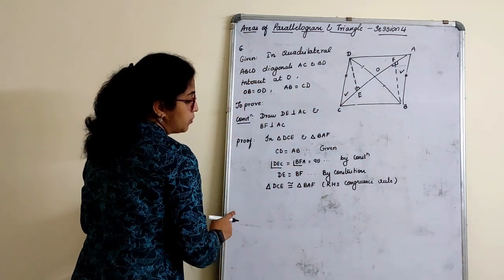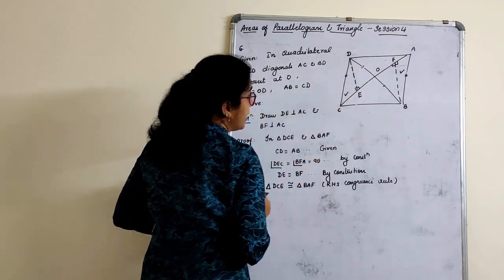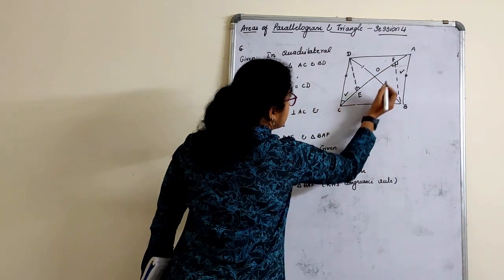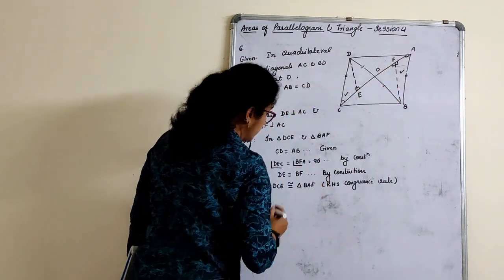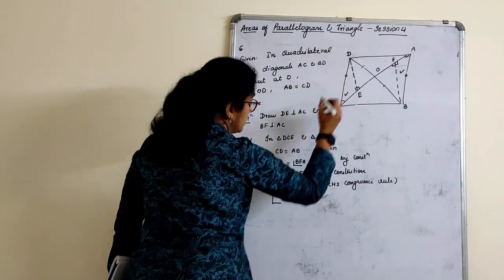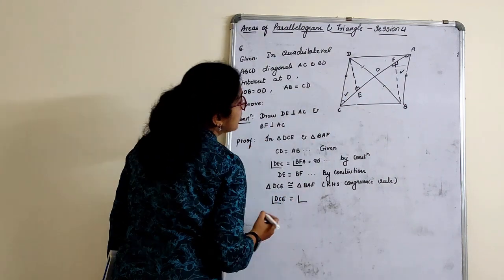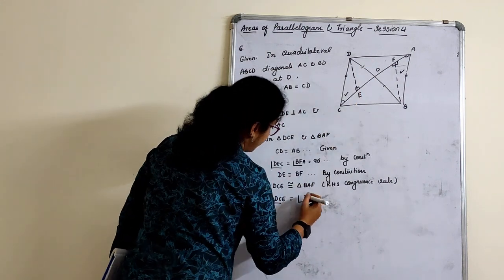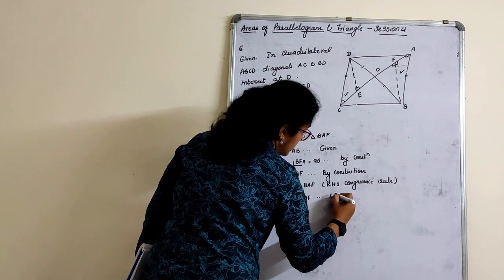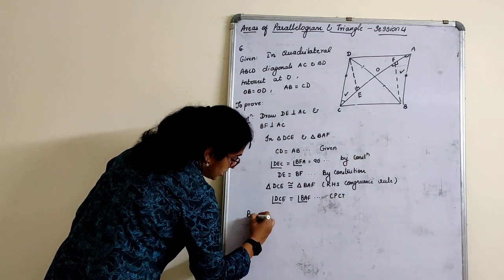So they are congruent because we have a hypotenuse, then we have a side, and we have a 90 degree angle. From this, can I tell that this angle is equal to this angle by CPCT? Angle DCE is equal to angle BAF by CPCT.